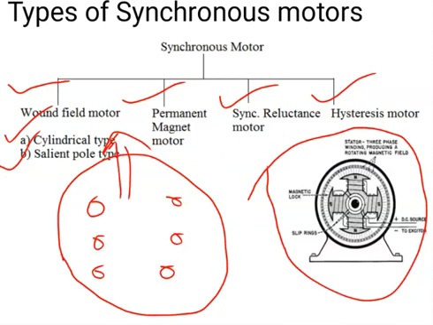The wound field synchronous motor is generally used for very high power applications in the range of megawatts. So this is the basic construction of the cylindrical rotor type wound field synchronous motor.